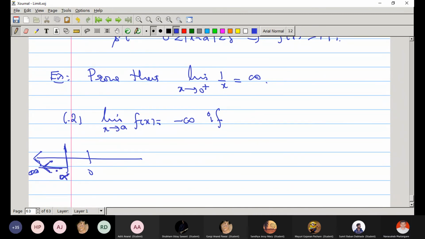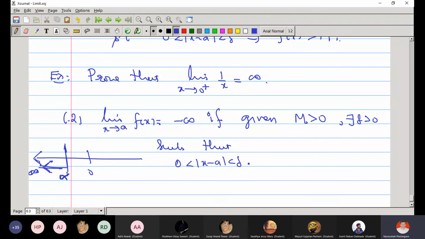Correct? So how will you make the definition that limit at a is minus infinity? If given a positive m, there exists delta such that whenever distance of x from a is less than delta, then f of x is less than minus m. Does it make sense?